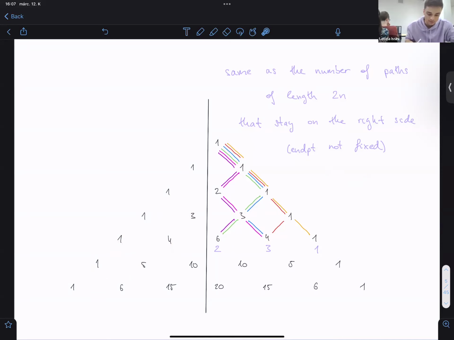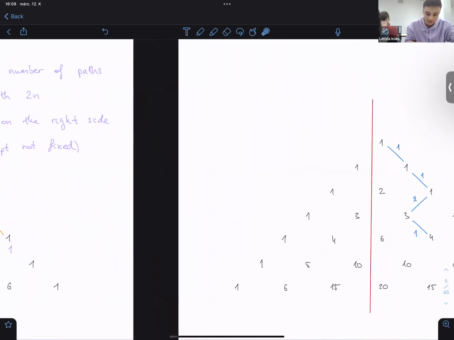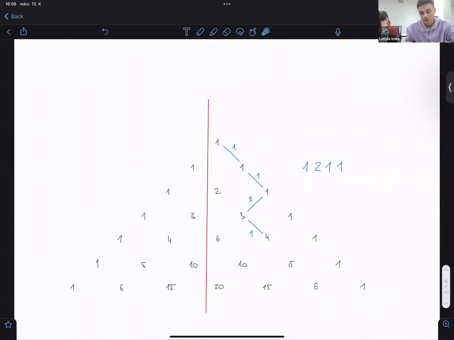So these paths can be conveniently represented by words in 2 letters 1 and 2, such that when read from right to left, the number of 1s is always at least as big as the number of 2s. So to obtain that, we have to read our paths upwards like this, and for each left move we write a 1, and for each right move we write a 2.